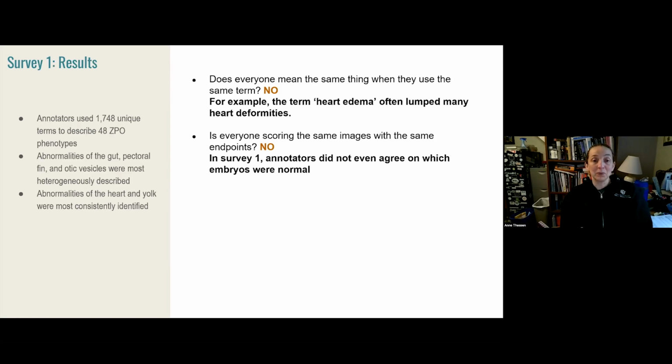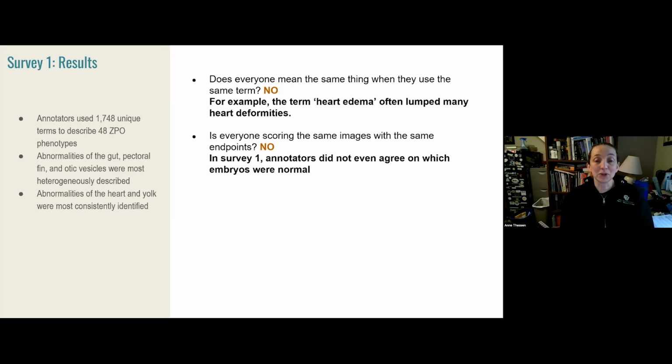Each term was not used in the same way by everyone. For example, the term heart edema often lumped many heart deformities. We saw a lot of this kind of overloading of terms, and I believe this really affected the results, and we'll talk more about that later.